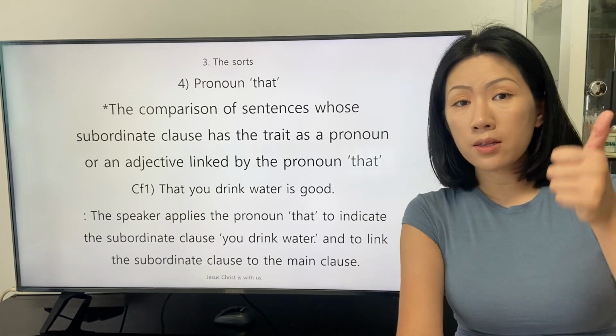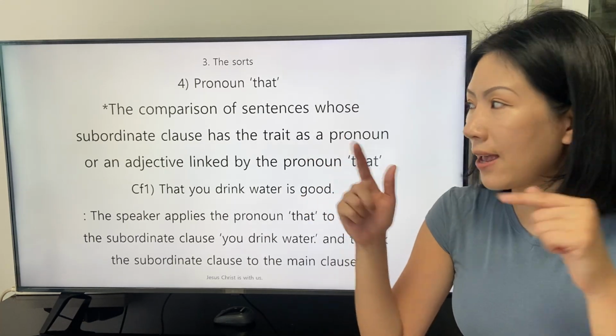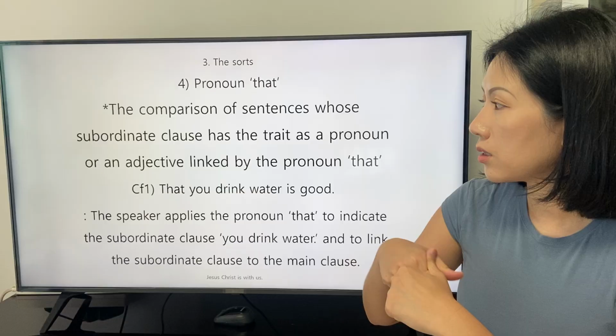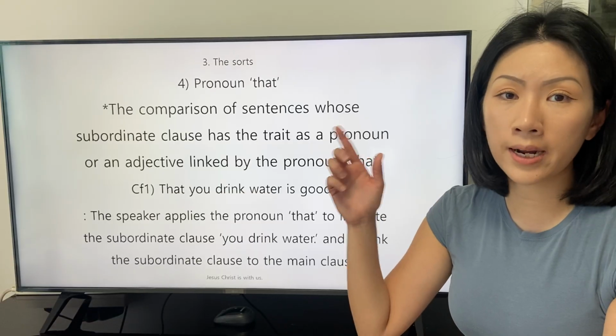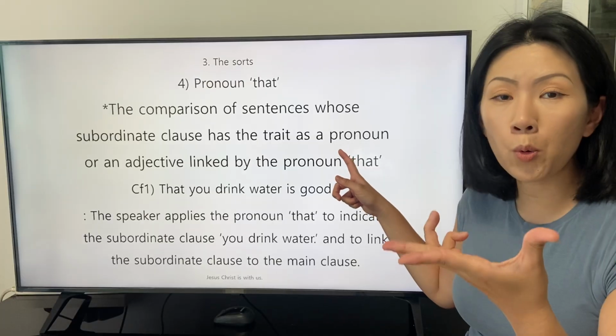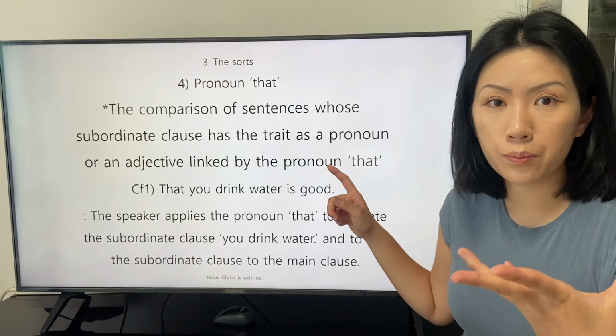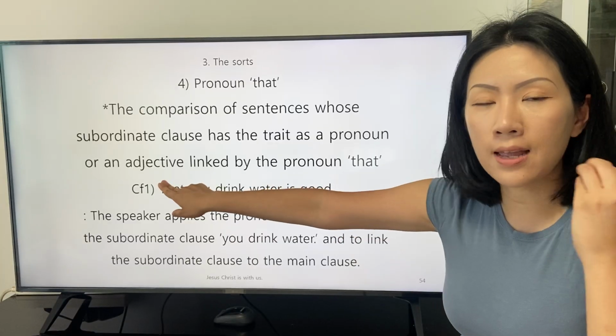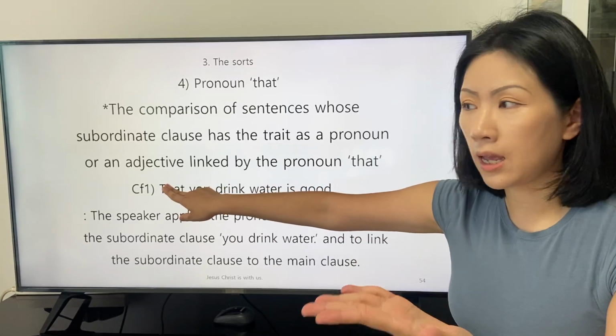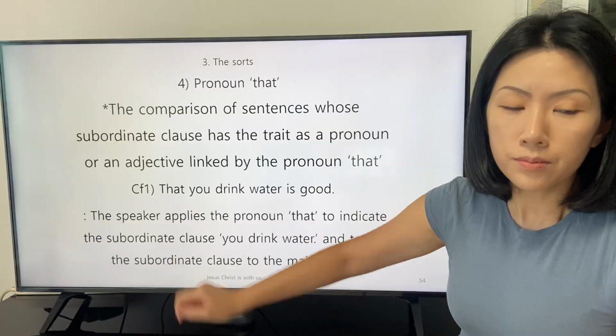The first trait is that the subordinate clause functions as a pronoun. And the second trait that a subordinate clause can have is as an adjective.